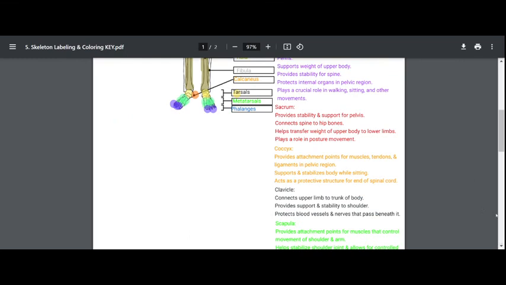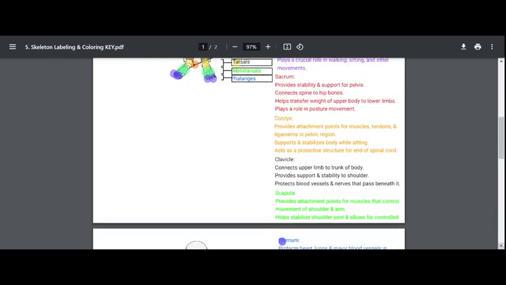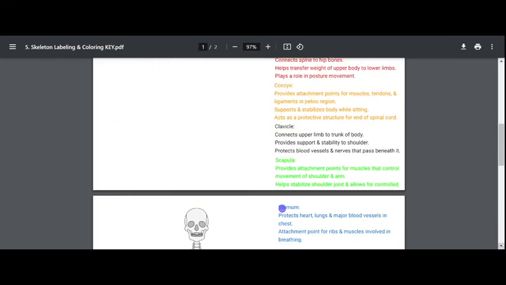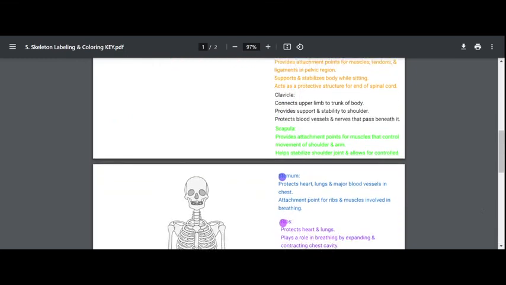And the sternum protects the heart, lungs, and major blood vessels and chest. Okay, it's an attachment point for ribs and muscles involved in breathing. And then I forgot to mention the scapula.